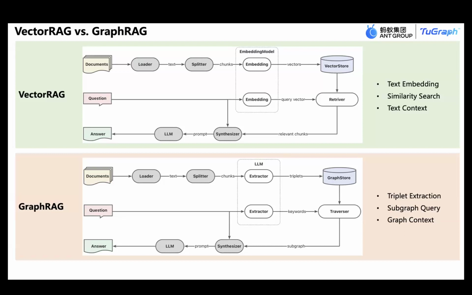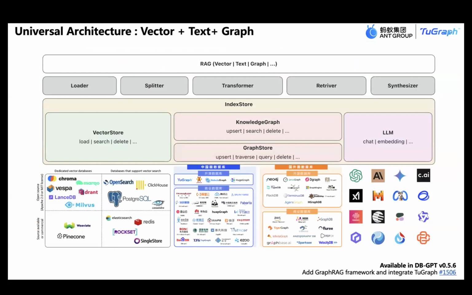in a graph store. So based on this similarity and difference, I proposed the first universal architecture. In this graph, on the left part, we can see the vector store. And in the middle part, we can see the knowledge graph, which is built on the graph store API. So we can integrate many graph systems into this framework.